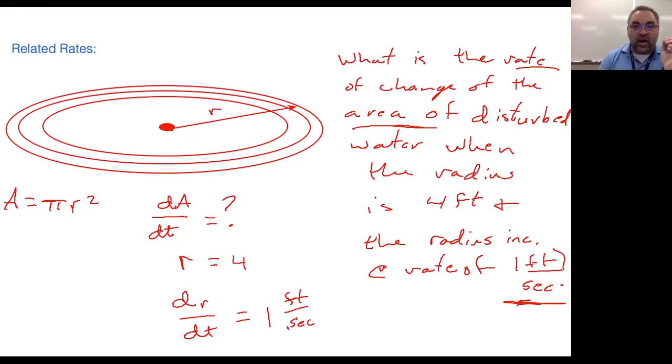Now, this is where related rates gets a little tricky. If I were to put 4 in now, before I do any deriving, then A equals 16 pi. That's a constant. So when we derive it, it goes to 0.